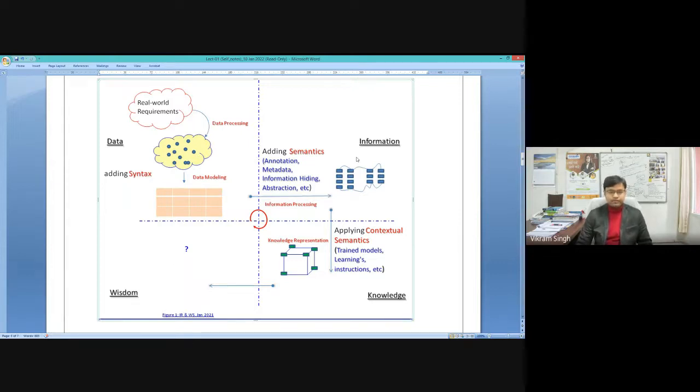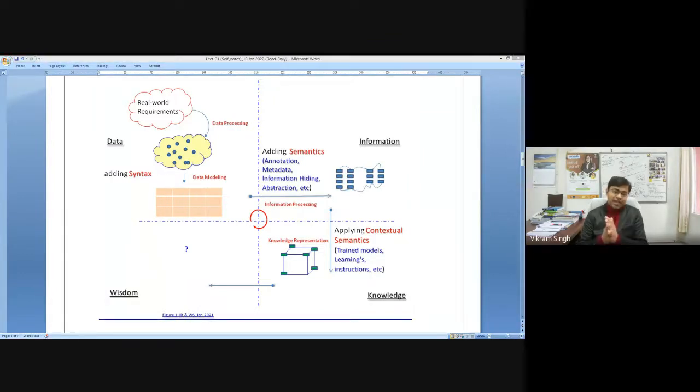Now, whenever we process data with the objective of converting it into an information level of detail, it is naturally made more abstract and more usable, and more specific to a certain scenario. So whenever we process data to make it information, naturally we add something to make it compatible or usable in a certain context, right?